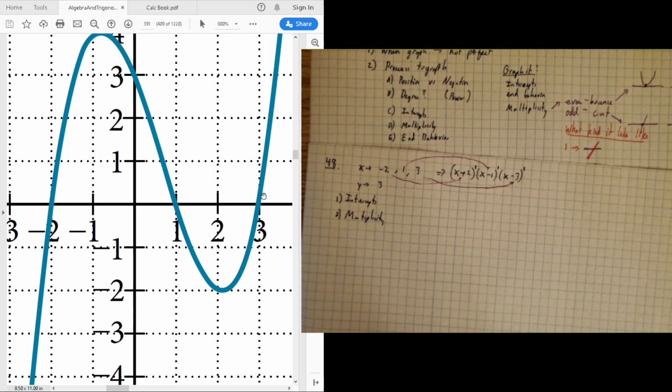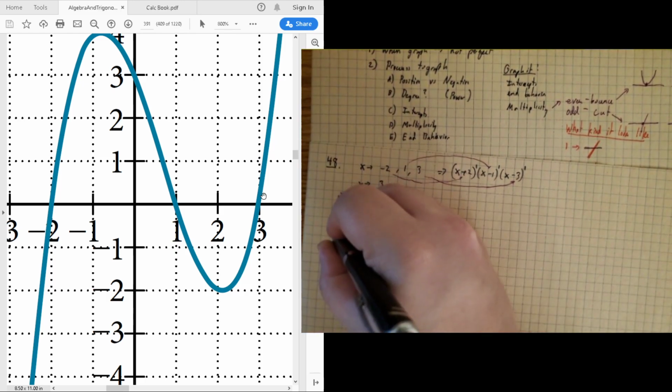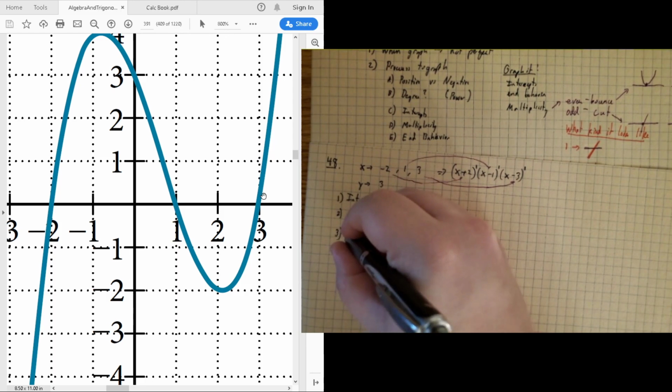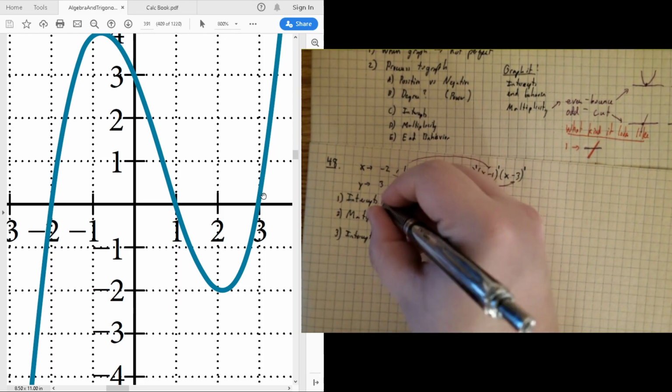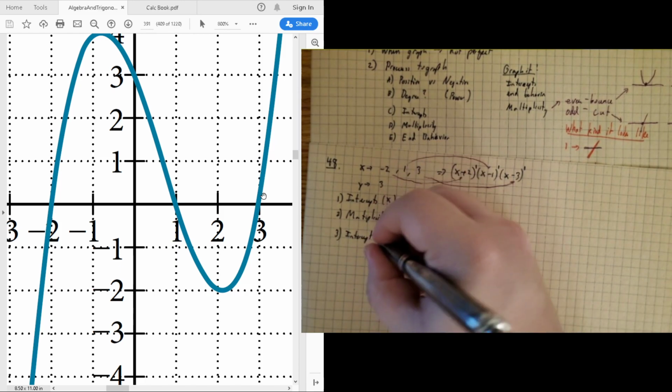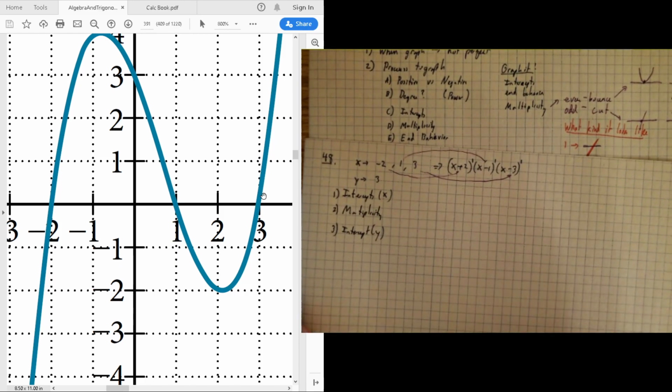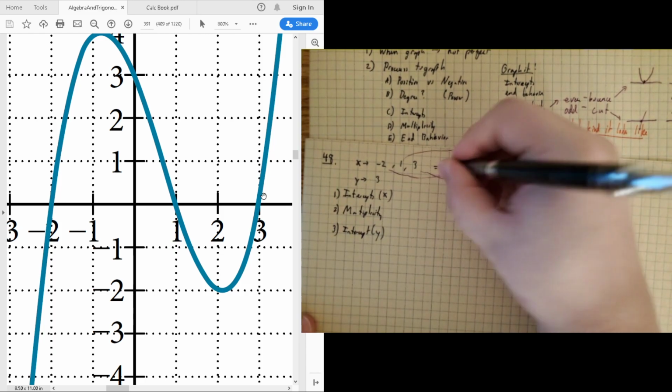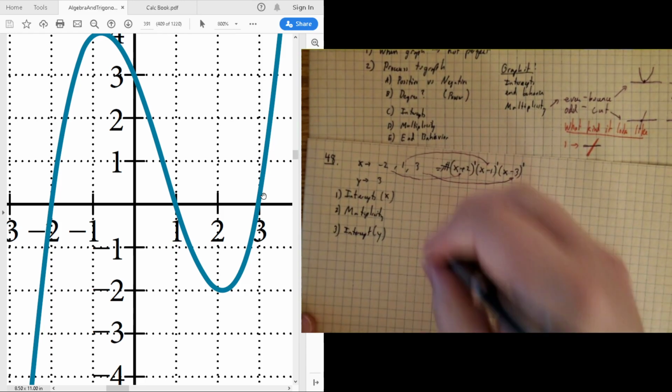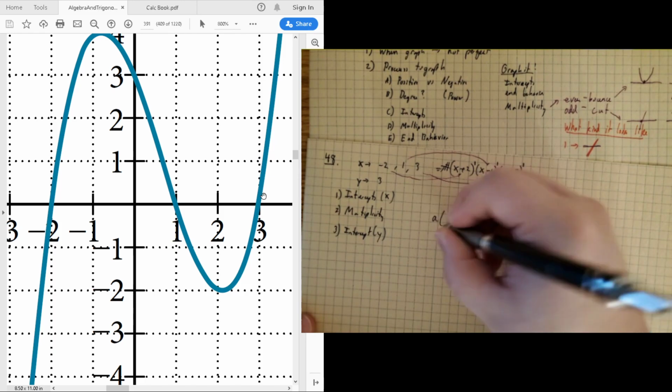Next piece, after the multiplicity, I then want to do the last intercept, which is the y-intercept, because it is possible there is a number out front here. That number I'm going to call a.